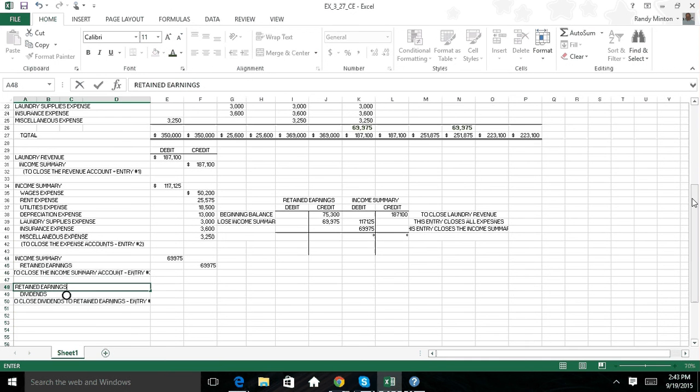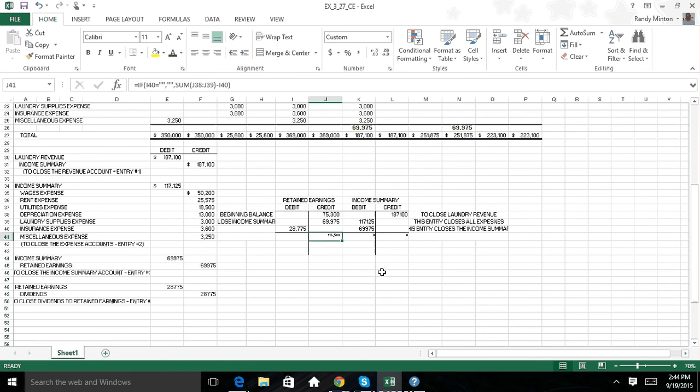And when we do that, the $28,775 pops over here on the debit side of the retained earnings account, and I don't know if you can see this or not. I've got it superscripted, but it comes down to $116,500. Notice that the income summary over here has a balance of 0.